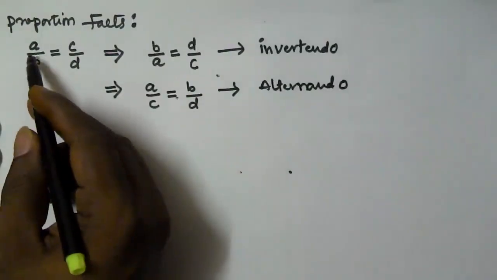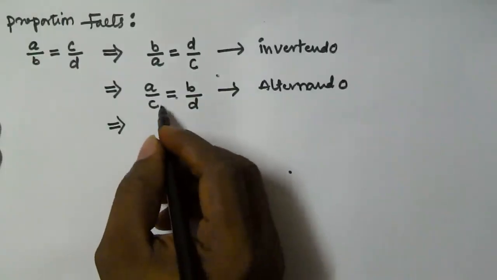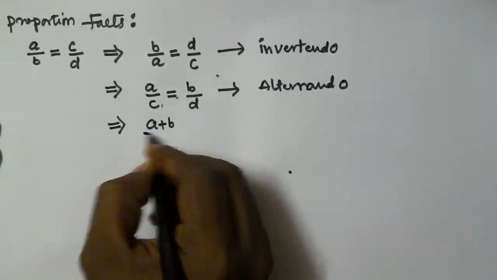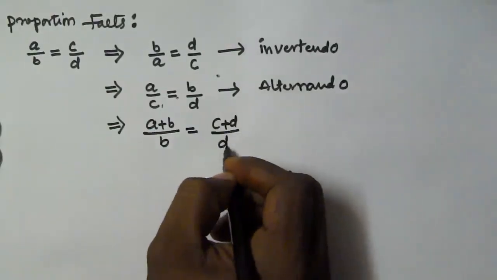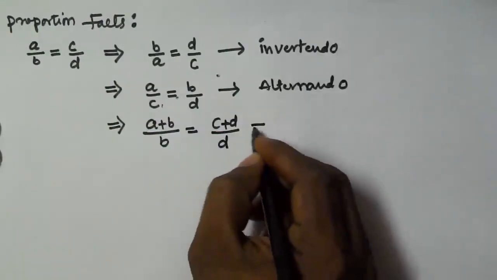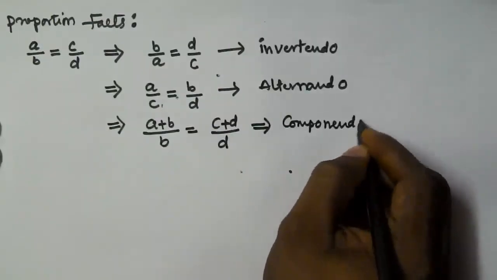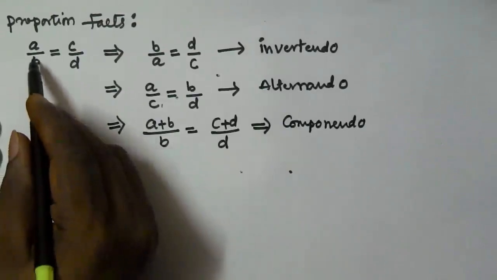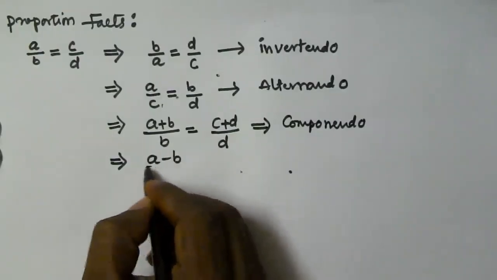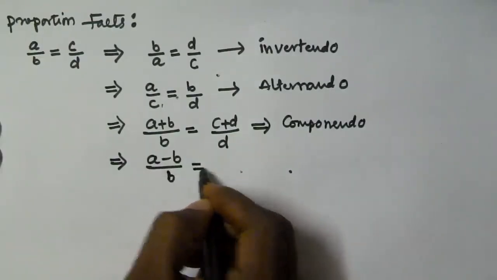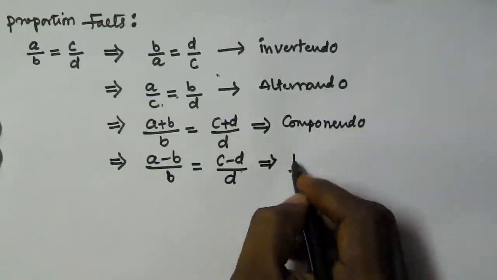If we have a proportion like A by B is equal to C by D, the same can also be represented as A by B equivalent to C plus D by D. So this is called as componendo. If we have a proportion like A by B is equal to C by D, that same can also be written as A minus B by B equivalent to C minus D by D. So this is called as dividendo.